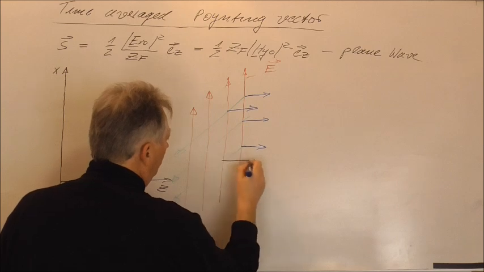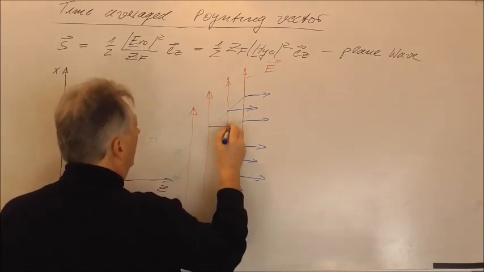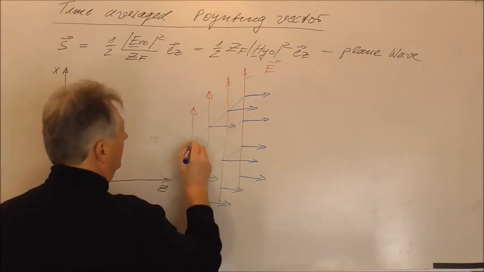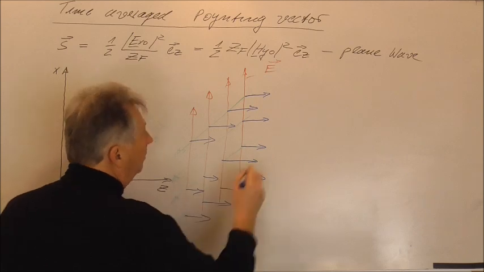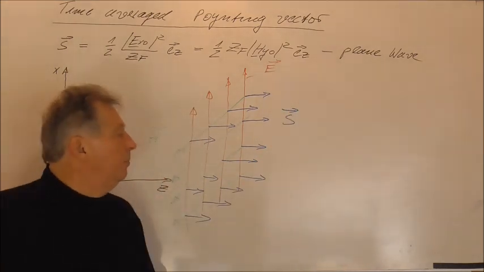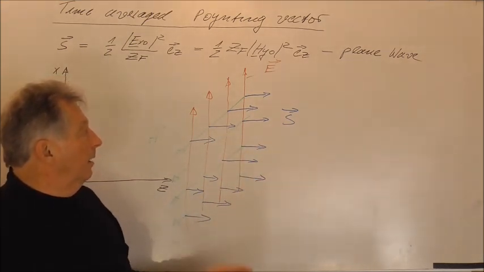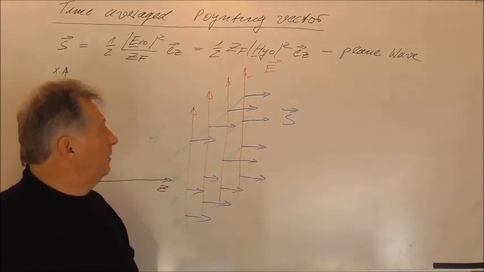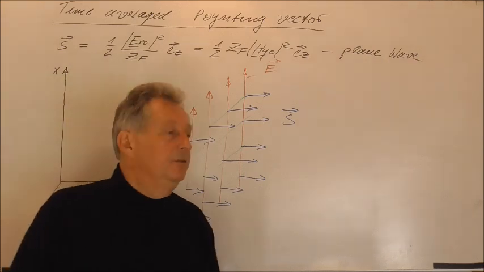So you see here, of course, these vectors should have the same length in principle, and this describes now the power density which is transported by the plane wave in the direction of propagation. And in the next section, I will give you a model of this again.